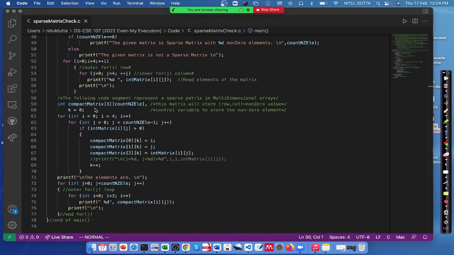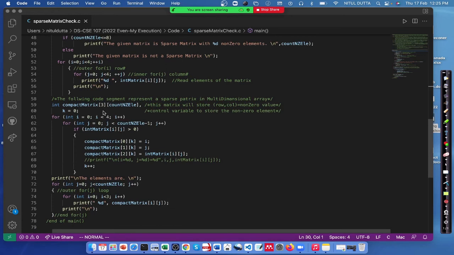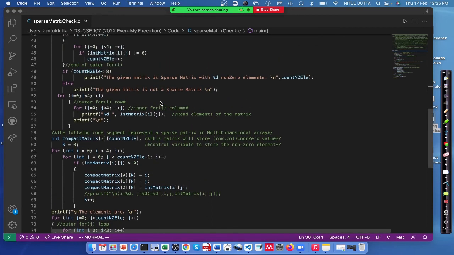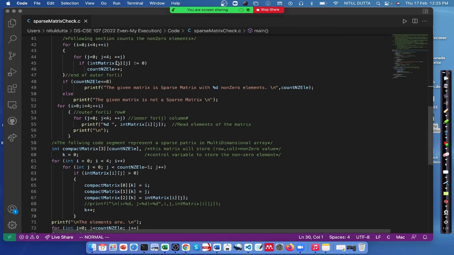And then in this one, I am representing the sparse matrix in a compact form. The number of rows is 3 and the number of columns in the matrix is equal to the count of non-zero elements, which comes from the checking process.